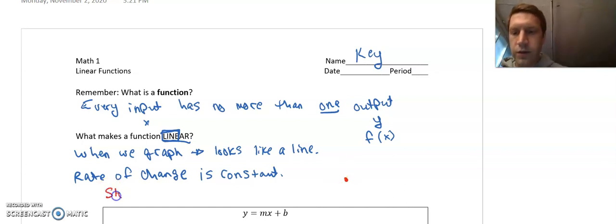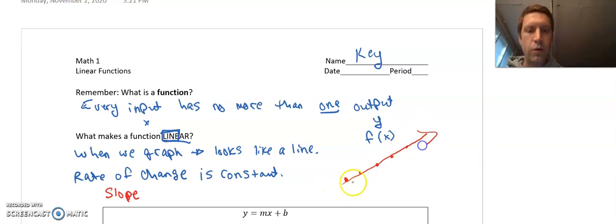By the way, rate of change, when we're talking linear, another name for that is our slope. But if we were going up 1, right 2, up 1, right 2, up 1, right 2, right? When I keep doing that constantly, it's the same thing over and over. That's what gives it a linear shape. Okay, so the rate of change is constant, and that's key.